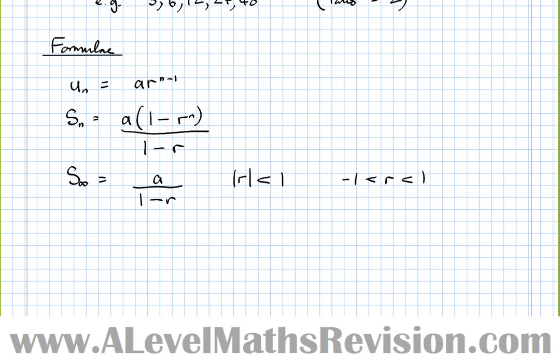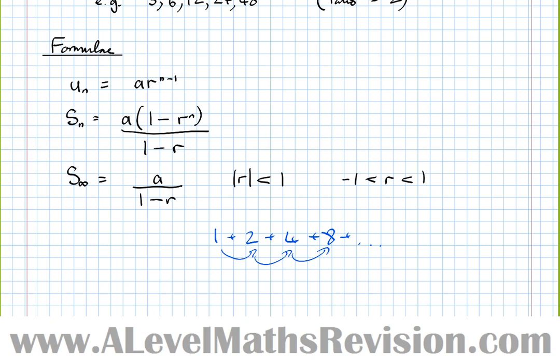The reason is, if we sum terms in a sequence, say 1 plus 2 plus 4 plus 8, if we keep on summing those forever, the number's just going to get bigger and bigger and bigger. It's going to go to infinity. So any common ratio bigger than 1 makes the numbers get bigger.